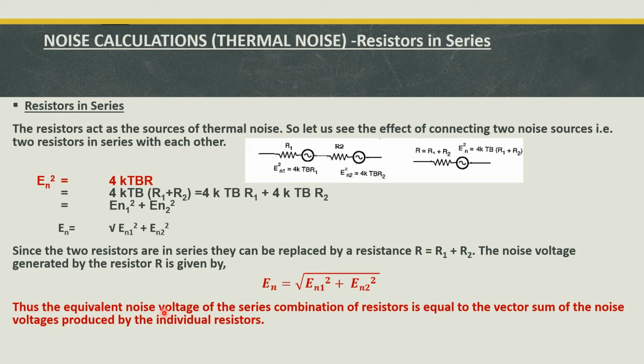Thus the equivalent noise voltage of the series combination of resistors is equal to the vector sum of the noise voltages produced by the individual noise resistances, that is, because of the resistors R1 and R2.